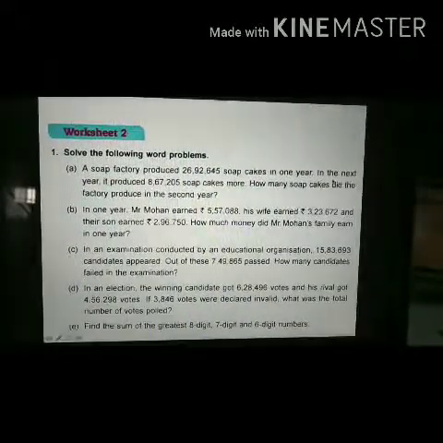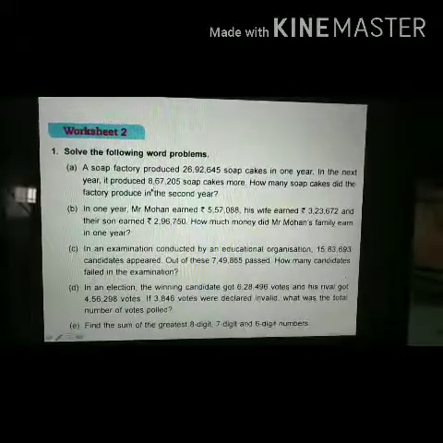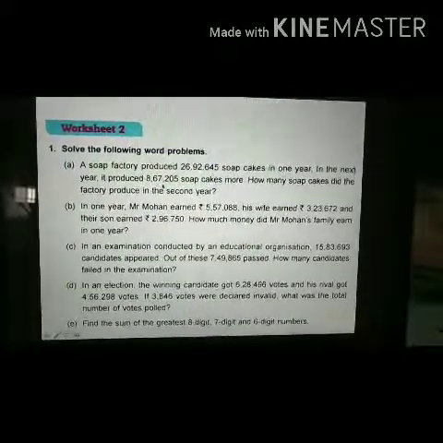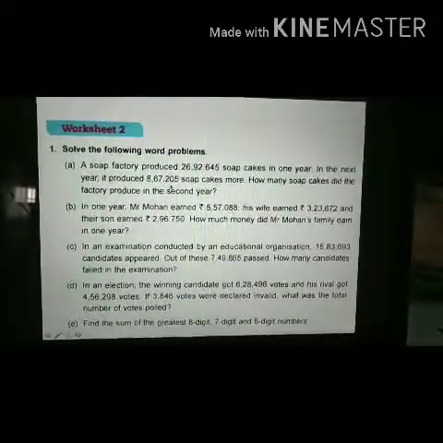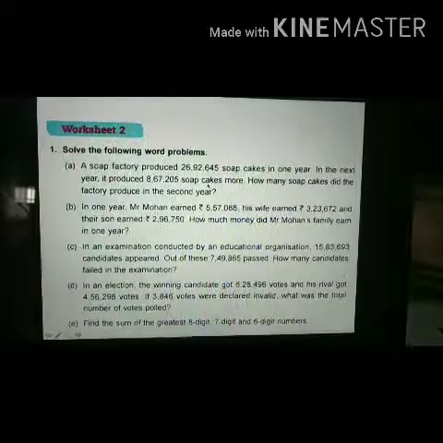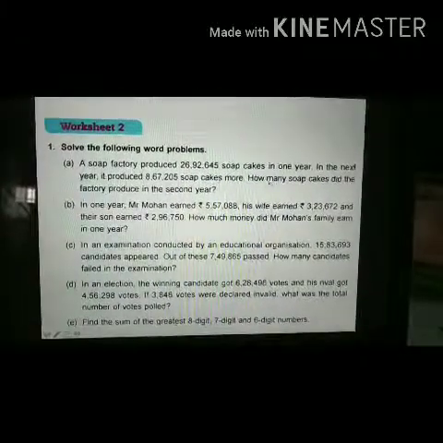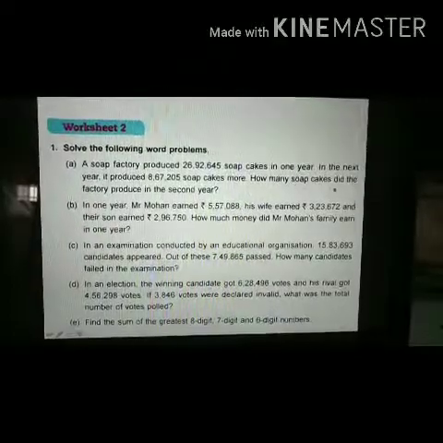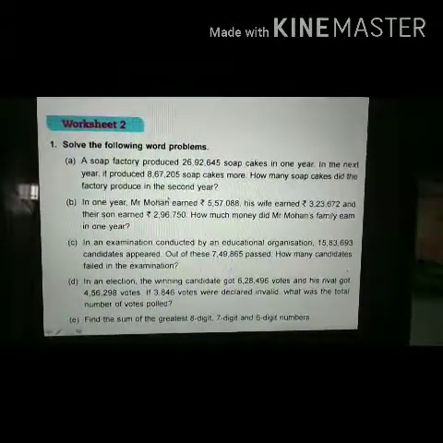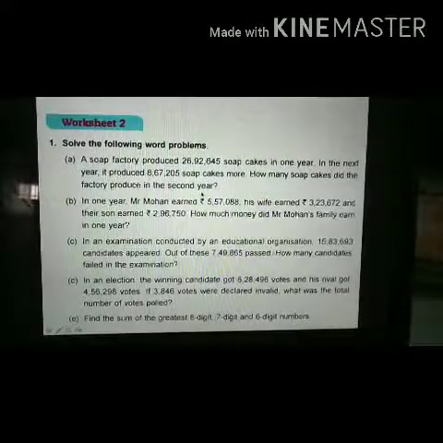In the next year, it produced 8,67,205 soap cakes more. How many soap cakes did the factory produce in the second year?